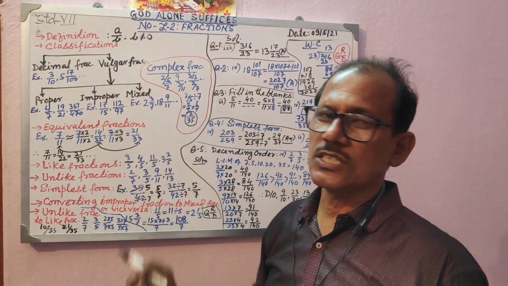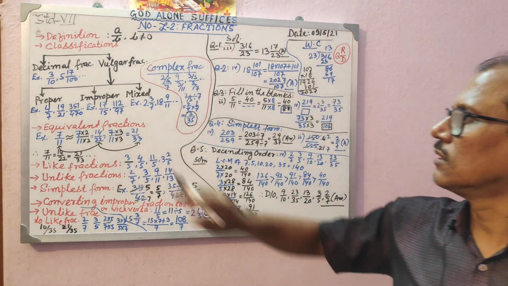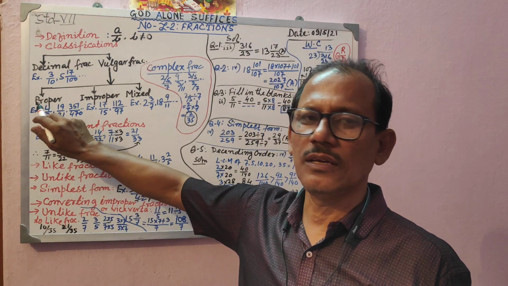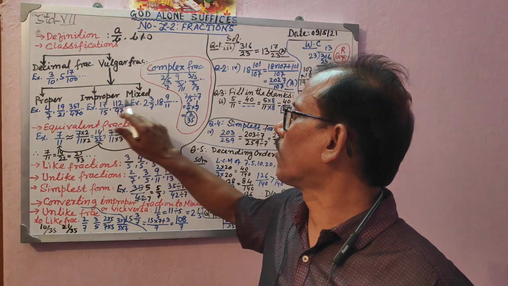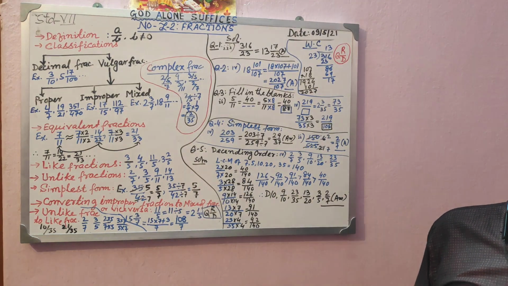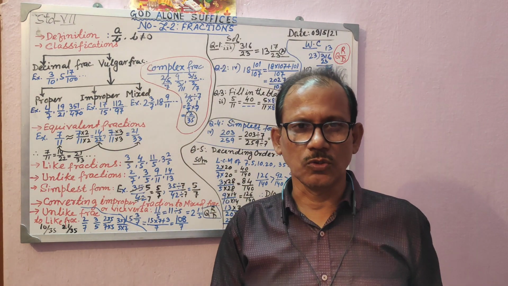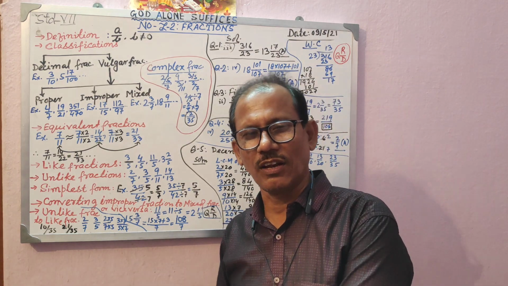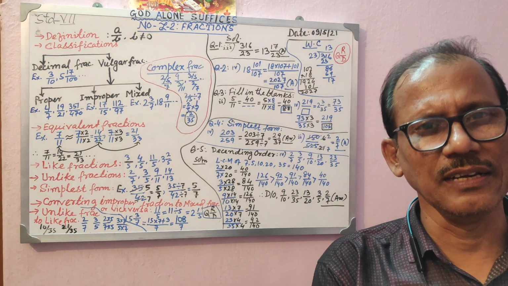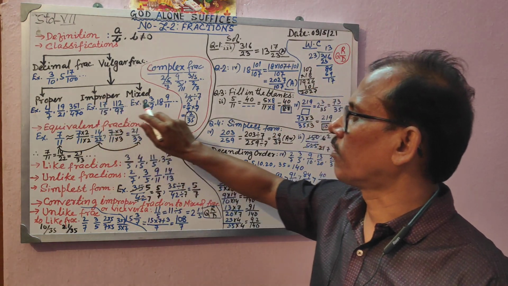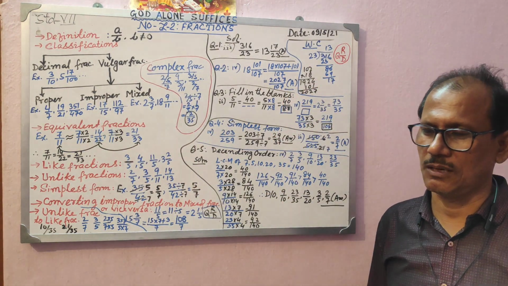Vulgar fraction again is divided into three categories: proper fraction, improper fraction and mixed fraction or mixed number. So you all know it. Fractions are categorized into two, decimal fraction and vulgar fraction. Vulgar fraction is again categorized into three: proper fraction, improper fraction and mixed fraction or mixed number.